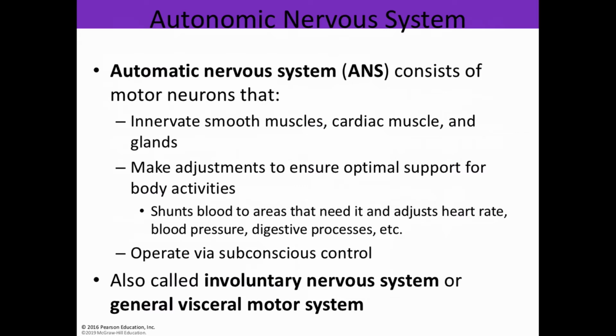Now we have two further divisions, and they are known as the somatic nervous system, with those nerve fibers that connect the central nervous system to the skin and skeletal muscles. Keeping in mind that, of course, the skeletal muscles are voluntary, under conscious control. Next is the autonomic nervous system, which is where we're about to go.